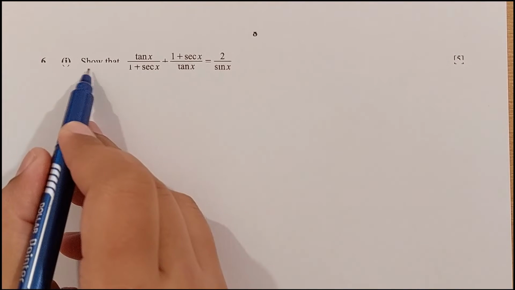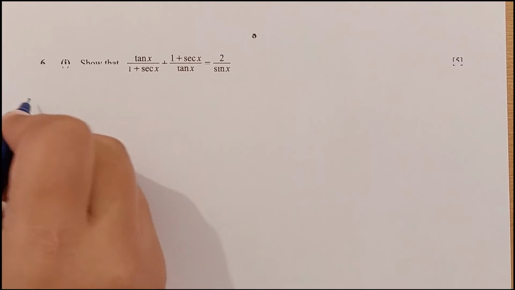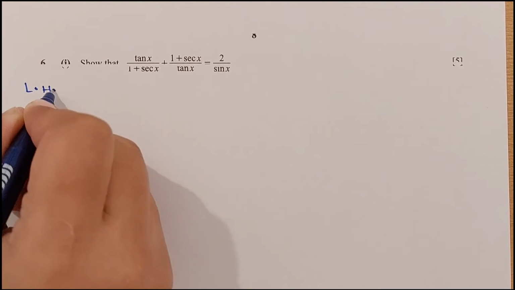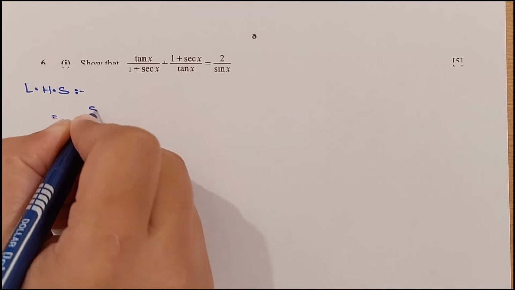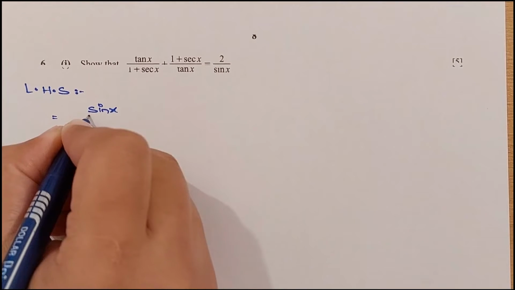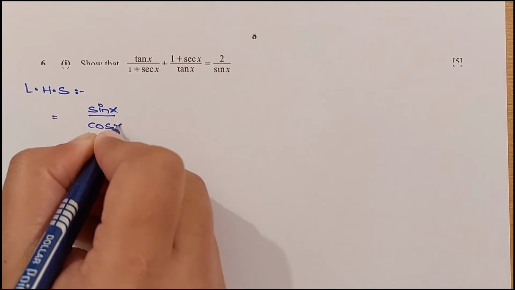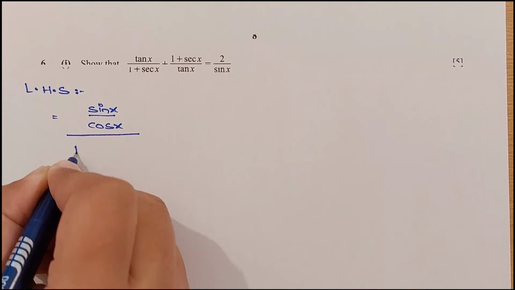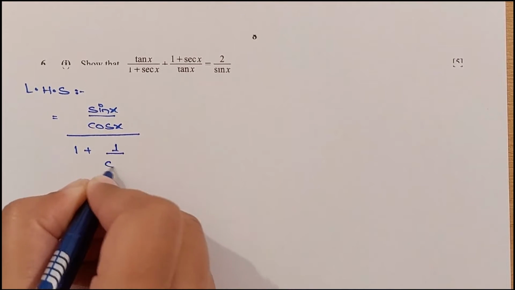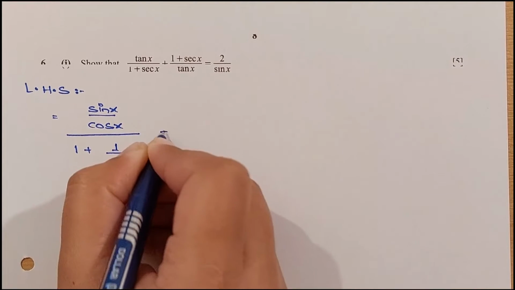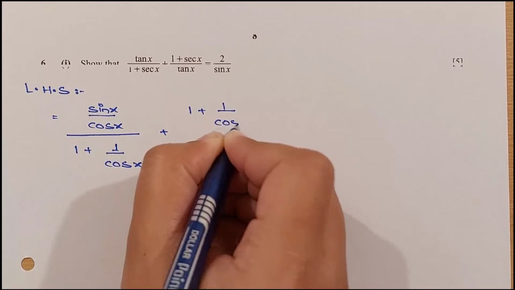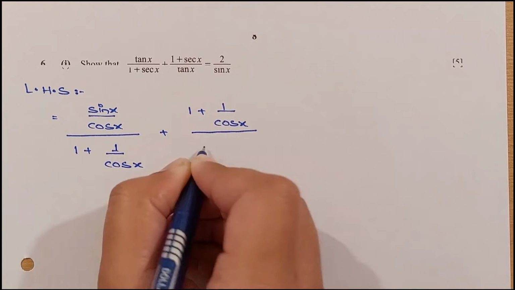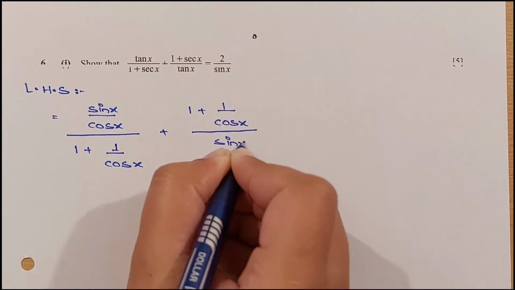Question number 6, part 1. Show that the left hand side equals the right hand side. Starting from the left hand side, we can say that open the tangent, that is sine x over cos x, whole divided by 1 plus 1 by cos x, plus 1 plus 1 by cos x over sine x over cos x.